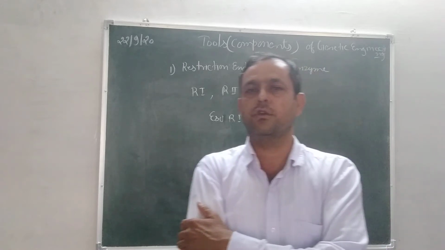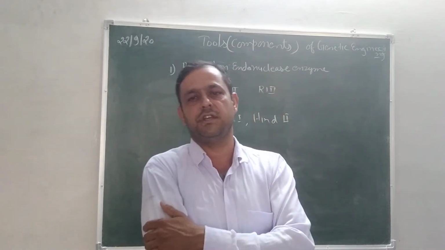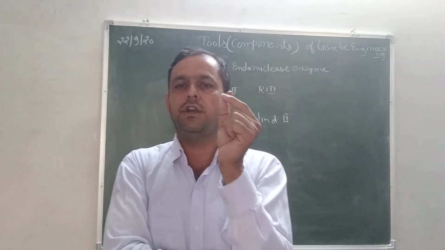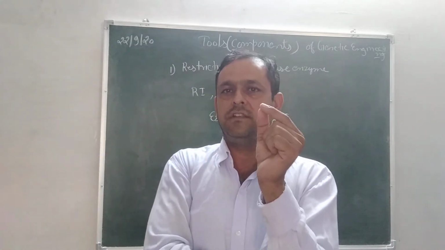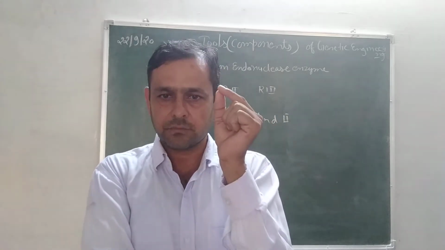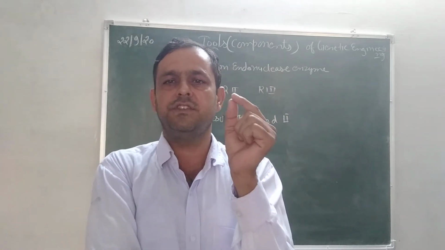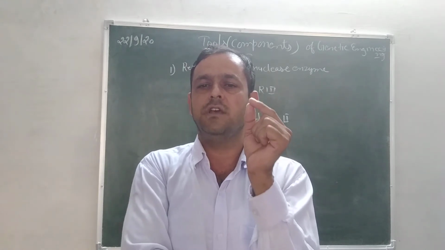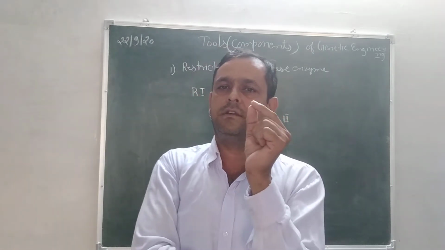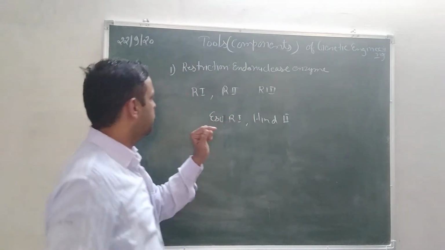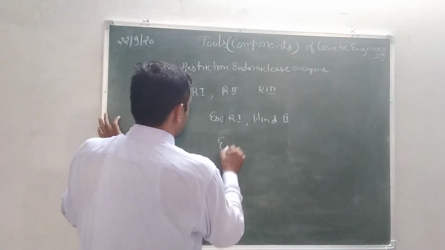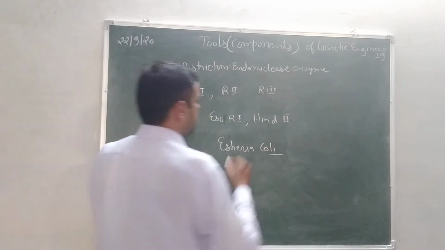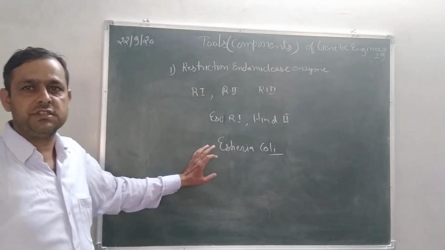From the first rule of the nomenclature of restriction endonuclease enzymes, the first letter of the enzyme represents the genus from which it has been isolated. That is always written in capital letter. For example, we obtained an enzyme from Escherichia coli.